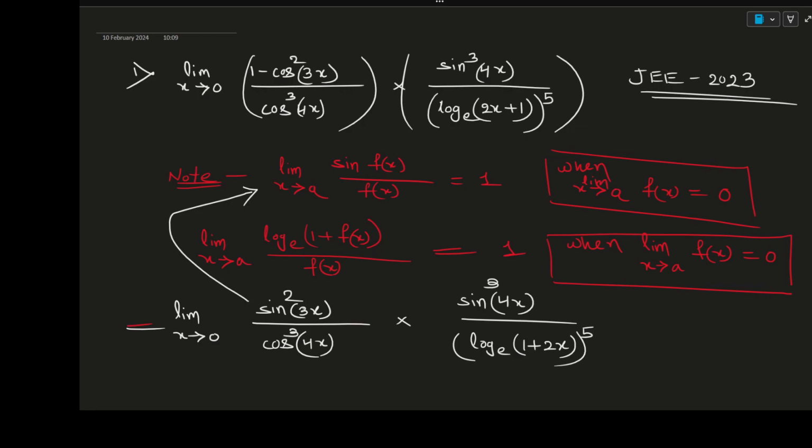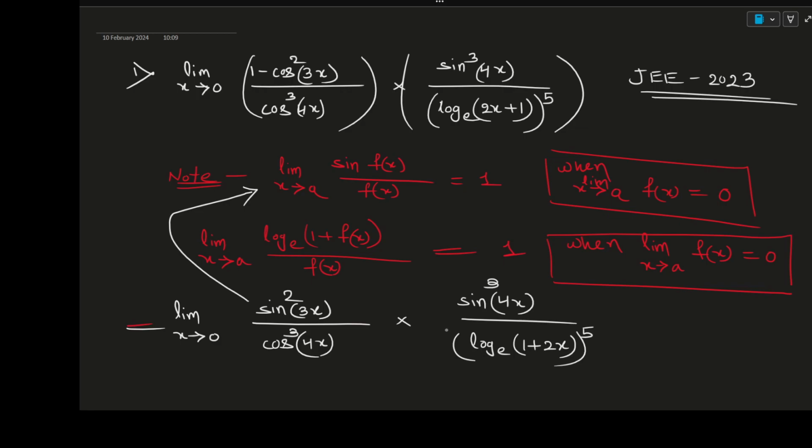If we relate this with this formula, you can clearly see that 3x is our required f of x. So we have to make that f of x in the denominator as well. Similarly, if we relate the sine cube 4x with this formula, the required f of x is 4x. So we have to anyhow create f of x in the denominator of this function.